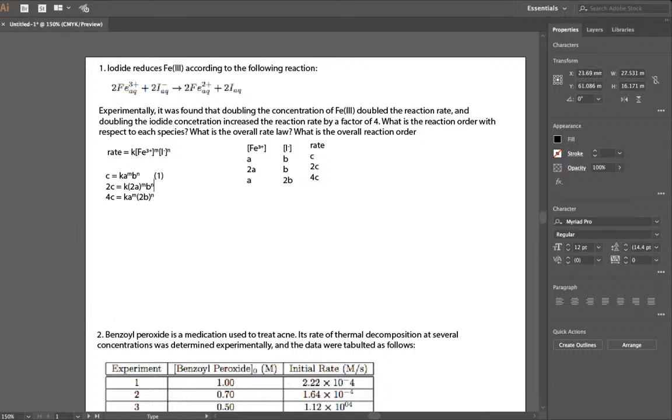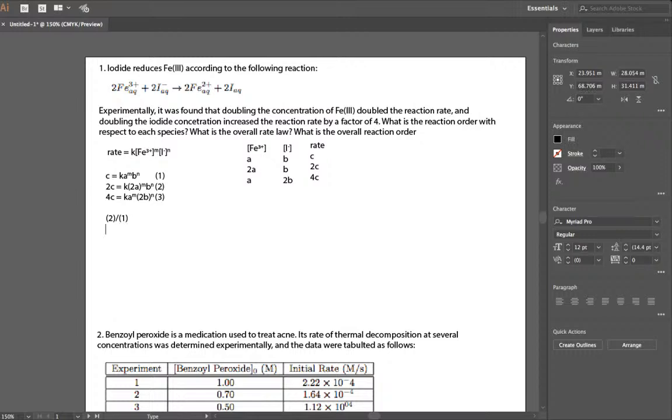So that was the first data, second equation, and then the third equation. With all this, we can go ahead and determine the reaction order. Firstly, you can say equation 2 divided by equation 1.